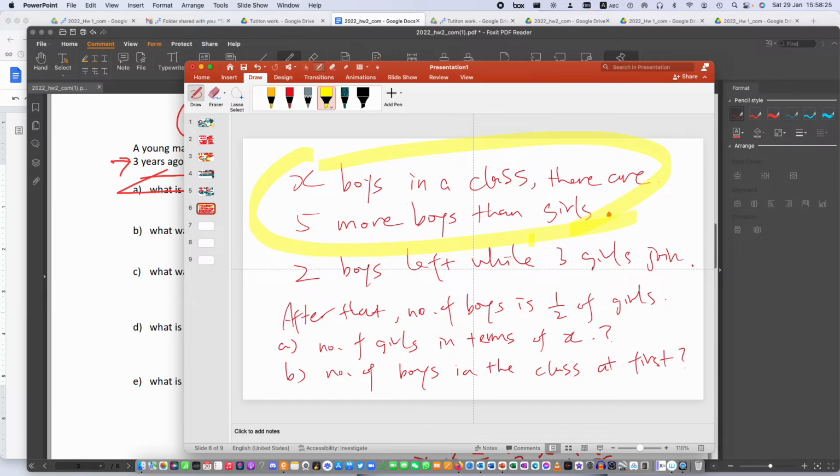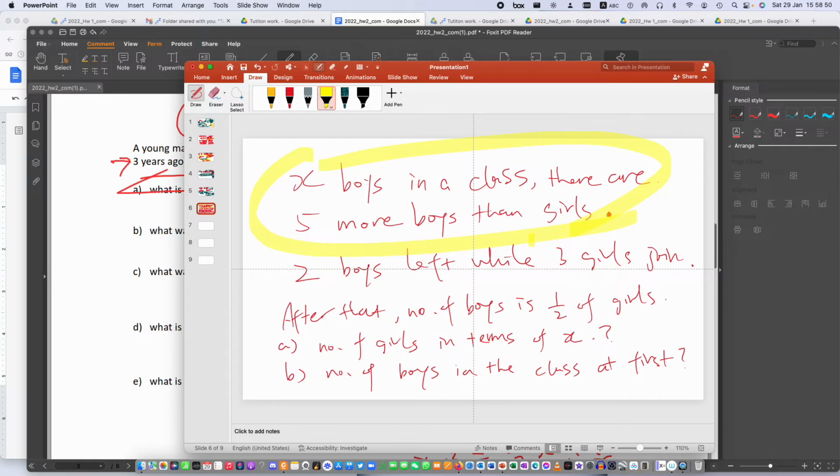Stop thinking in your head. Give yourself a simple example, can you? Such that the difference is 5. Which two numbers give you a difference of 5? 10 and 15. Go ahead.